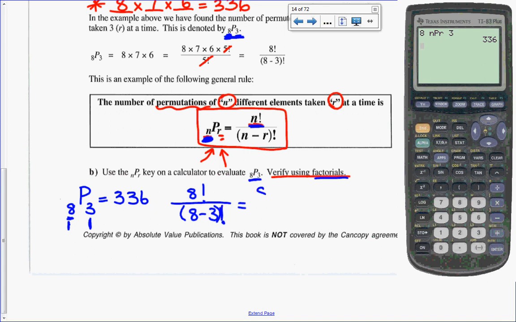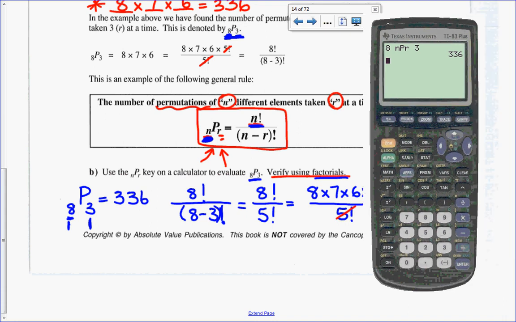So that's 8 factorial over 8 minus 3, which is 5 factorial. If I expanded that, that's 8 times 7 times 6 times 5, and I leave it there because it matches my 5 factorial on the bottom now. And this will cancel this, and I'll be left with 8 times 7 times 6, which is 336.